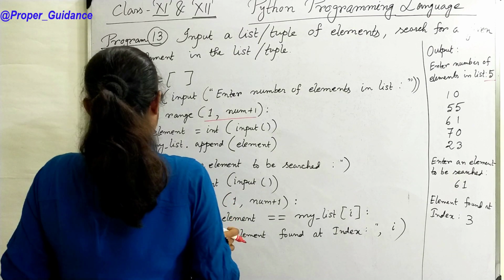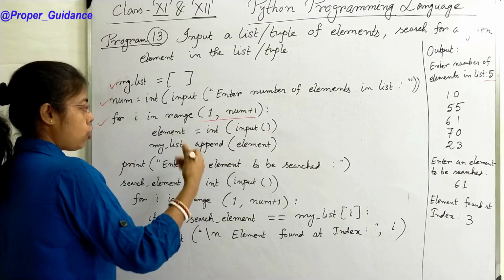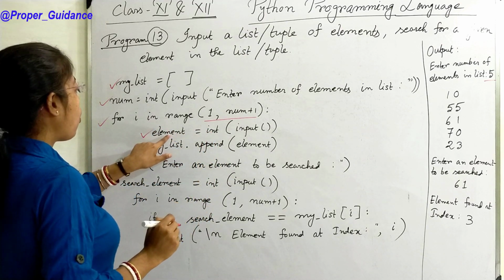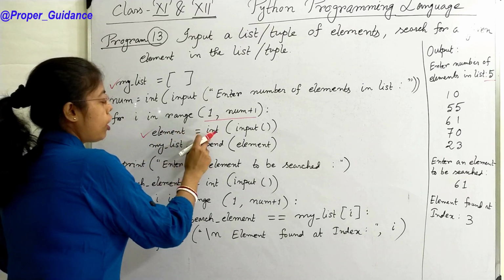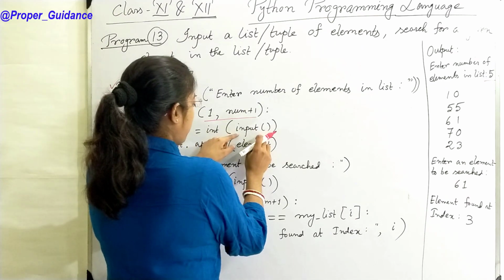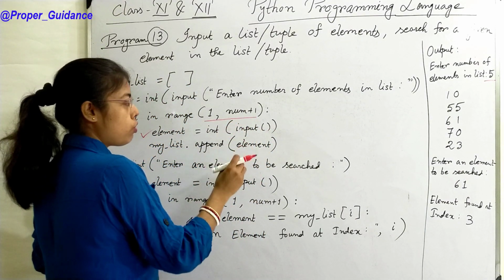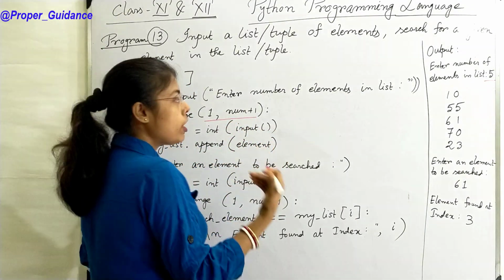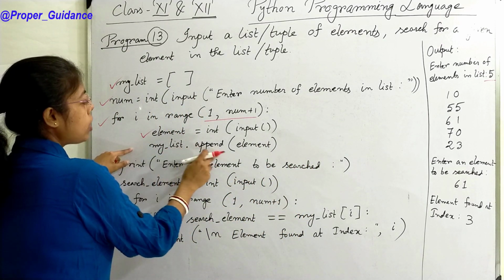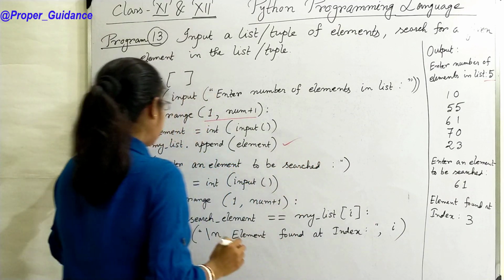And when we are going to take some input value, there is another variable called element. Element equals int input. This is the input method, and it is also used for taking the input from the user end. Okay, then my list dot append element.